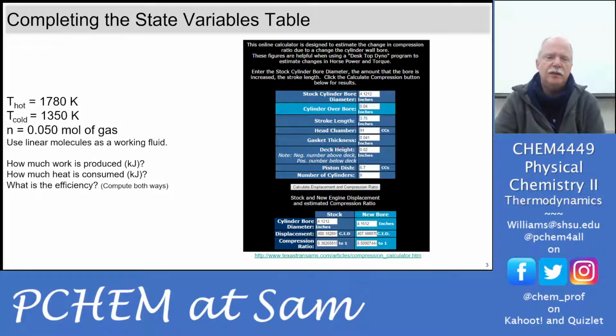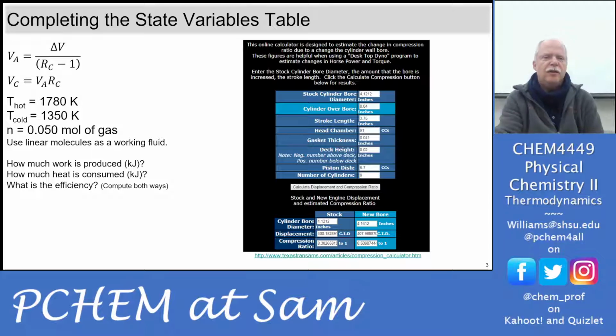So we'll do all the calculations for this. Now we have our equations for volume A and volume C. Up here we have our delta V, so that's 400 cubic inches, and our compression ratio was 8.38, minus 1.